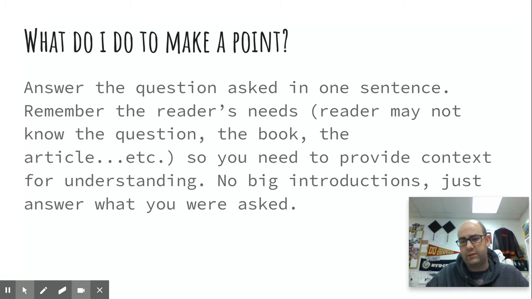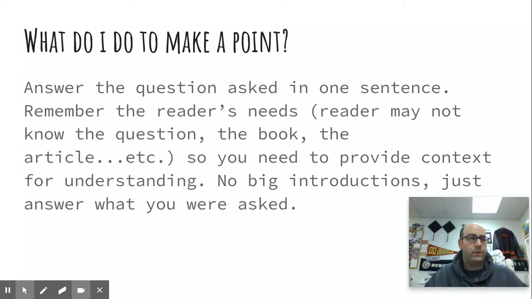Sometimes it's going to ask you to express your opinion on something, whether that's with evidence or without evidence. Those are the two that we're going to be working on mostly in class: you're either going to be expressing your opinion or you're going to be doing some sort of literature analysis. But you need to make sure that you're answering the question fully in one sentence.